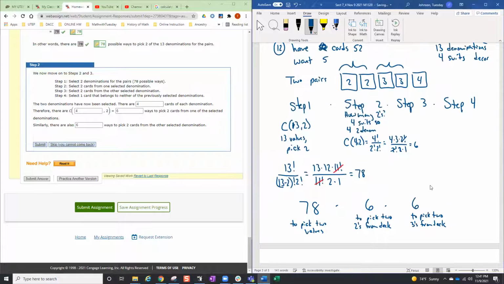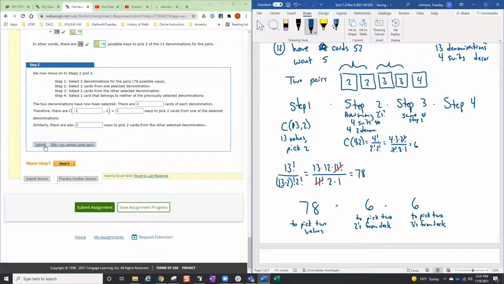So I've taken care of my 2 pairs. I got 2 cards that are 2s. I got 2 different cards that are 3s.